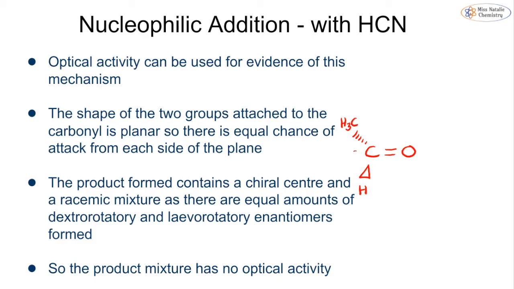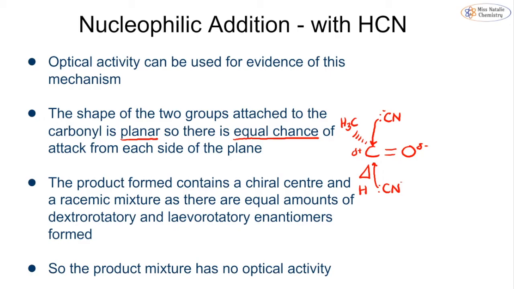So you're going to get this delta positive carbon and delta negative oxygen. Because it is planar, that means that there is equal chance of attack by the cyanide ion for either the top or the bottom. So we can have the cyanide attacking in here, or we could have the cyanide attacking in there.